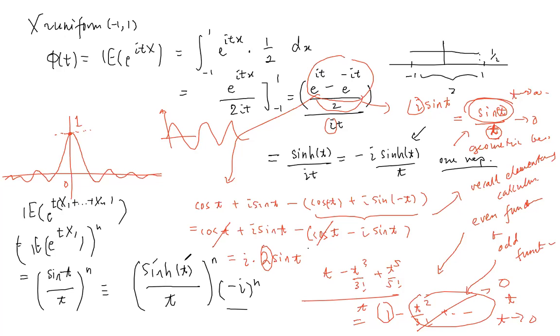So you might in fact establish certain identities based on these relationships. This example shows you that if your uniform is symmetric around 0, then you get something nice.